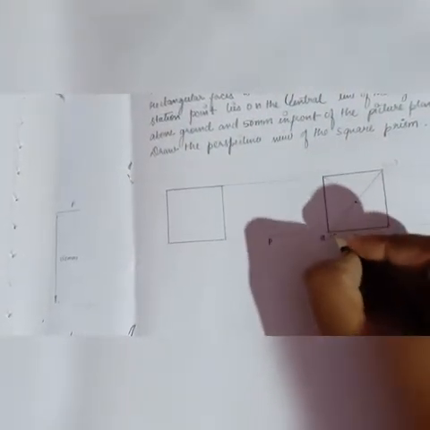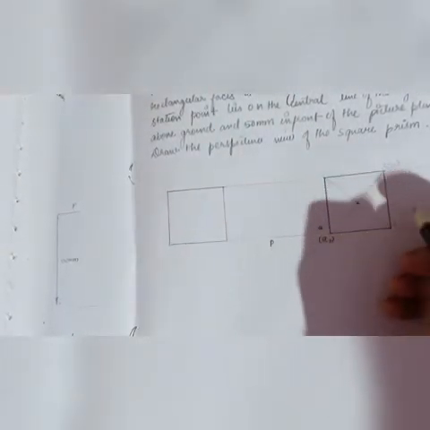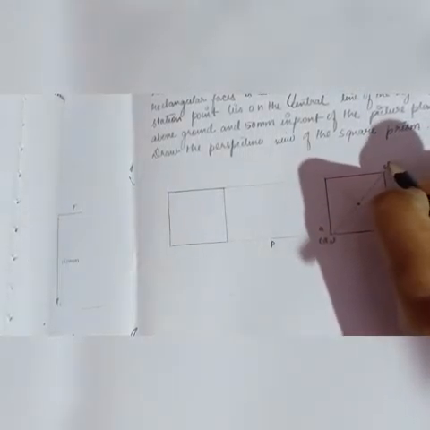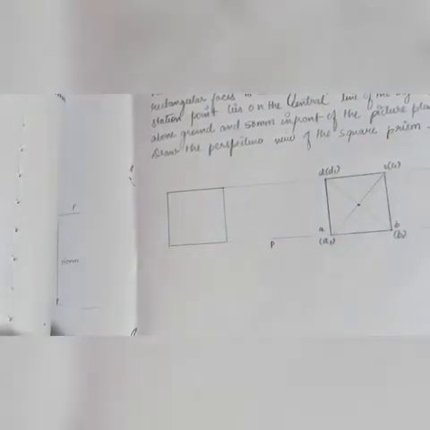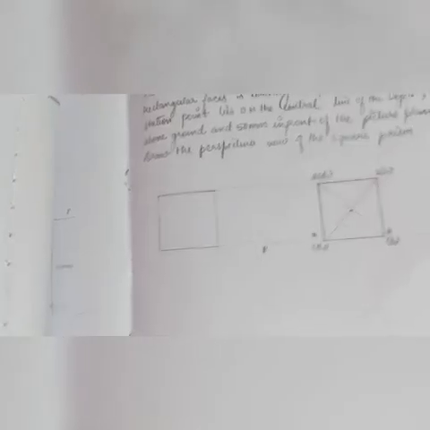So let us first start indicating it. I'll consider it as A1, which is falling back, so I have to write it in brackets. B1, B, C, C1, D, D1.